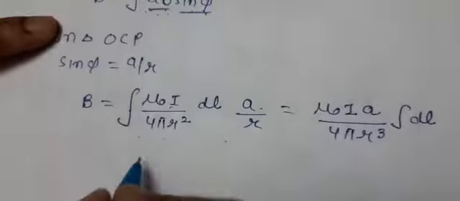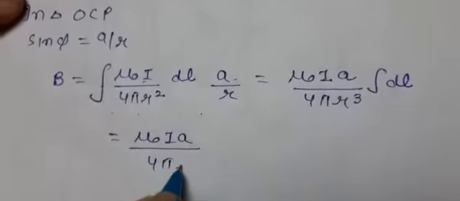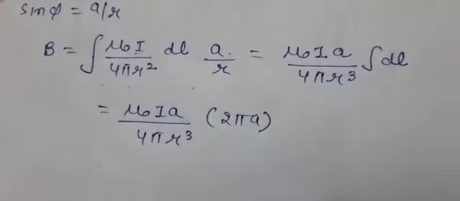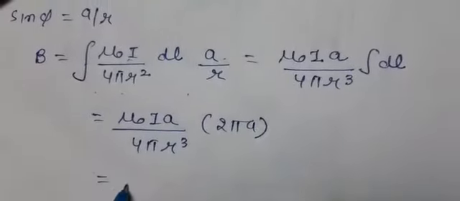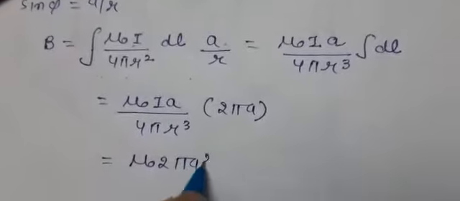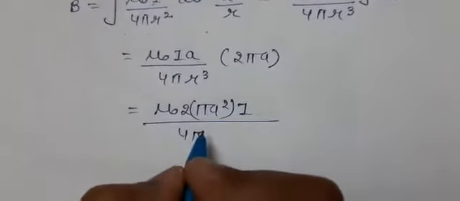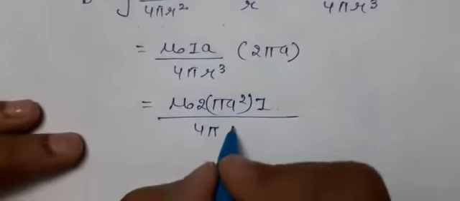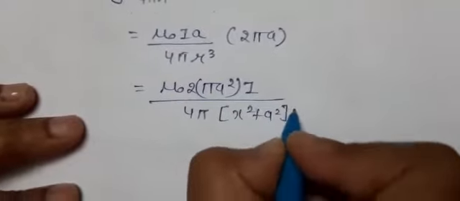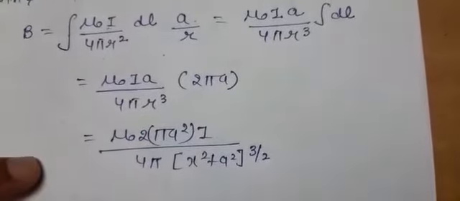Now when I use it for the complete length of the circular loop, what is its total length? This is the perimeter, 2 pi a. So I can write it as mu naught 2 pi a square into I upon 4 pi. Now take the value of R here. R is equal to x square plus a square to the power 1 by 2, and as its power is 3, it becomes 3 by 2.